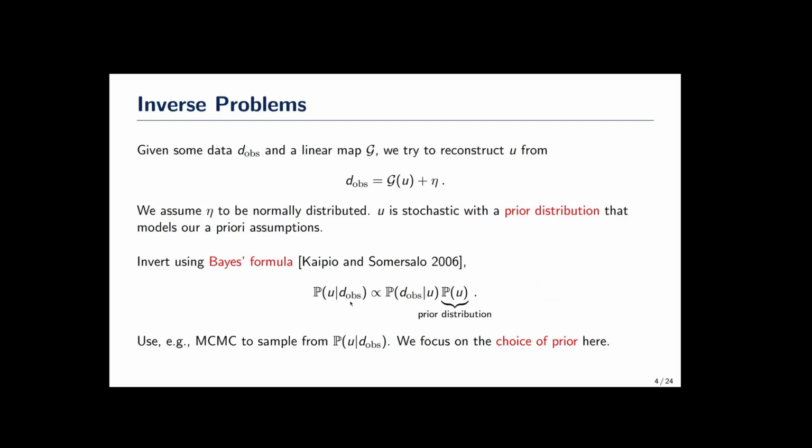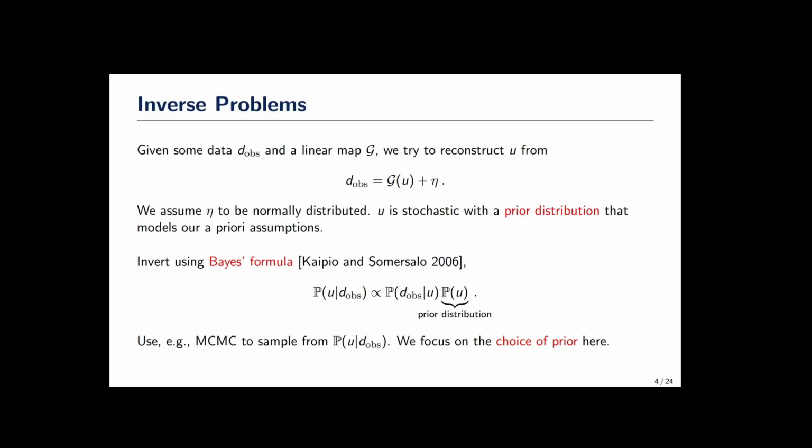So your posterior distribution being the distribution of your unknown quantity u, given the knowledge of your data that you have. Quite often this is intractable, so you have to use MCMC in order to sample from this posterior. And the focus of this talk will be the prior distribution that we choose for our unknown quantity u.